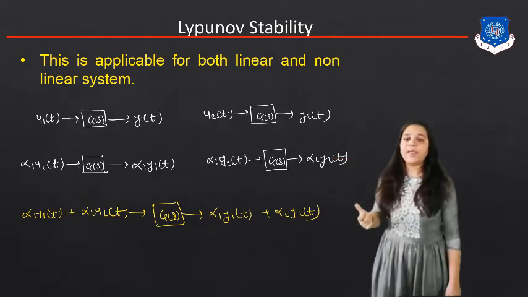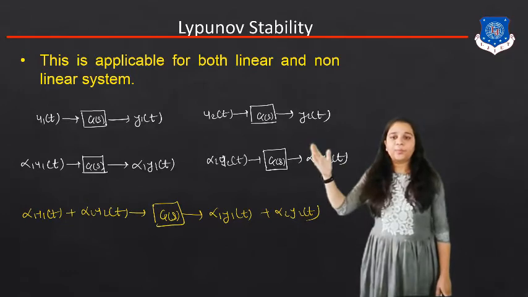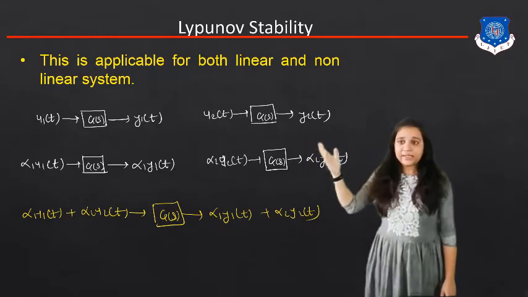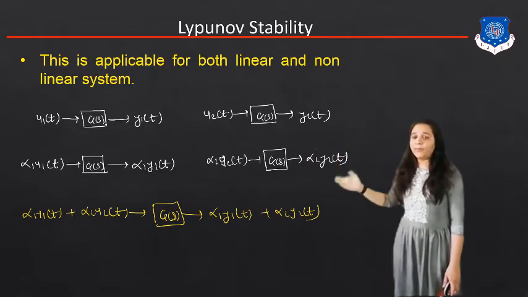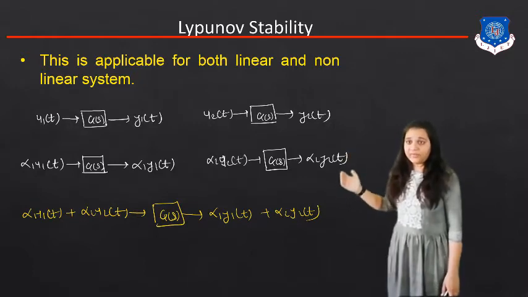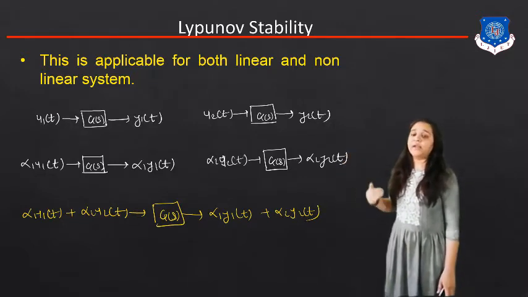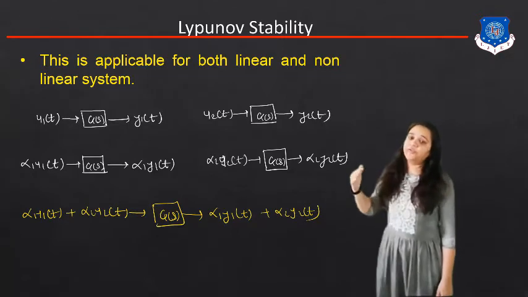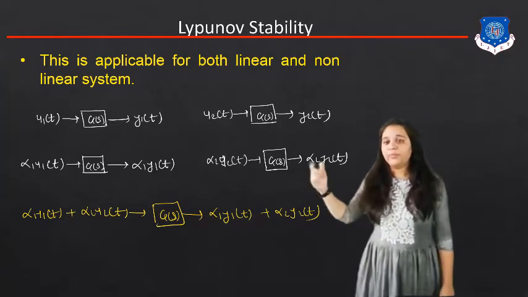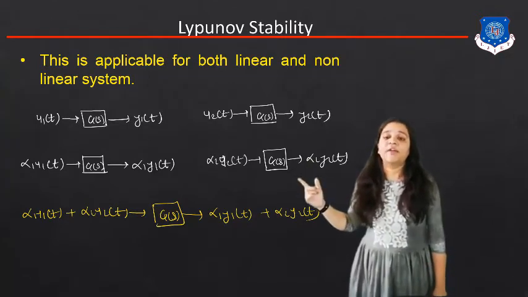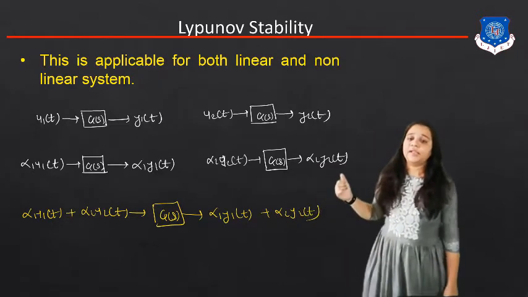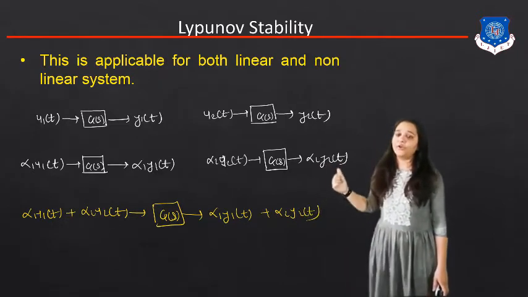The system is as it is, so we get the output y2(t). Now, if we apply the input signal alpha 1 u1(t), we get alpha 1 y1(t), and if we change the input to alpha 2 u2(t), we get the output alpha 2 y2(t).